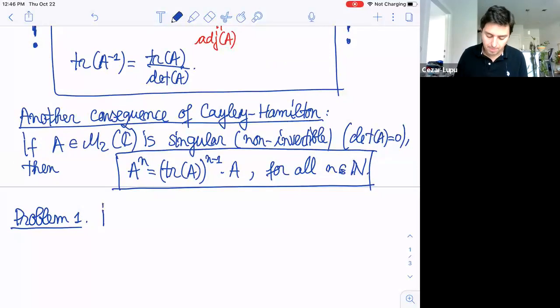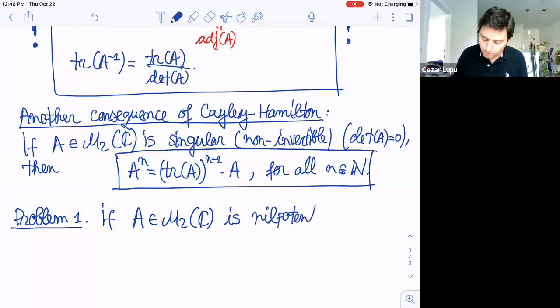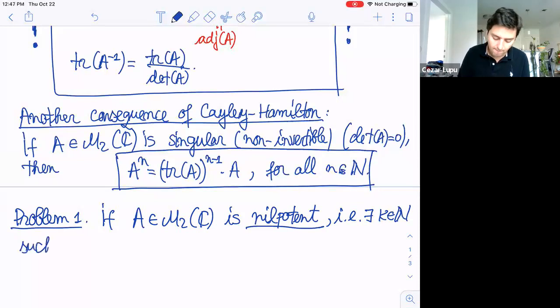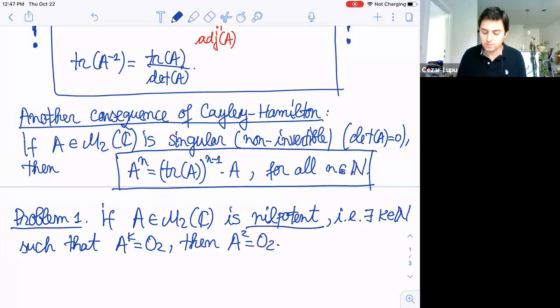If A in M2 of C, so I have a 2 by 2 matrix, is nilpotent, which means that there exists a positive integer k such that A to the power k is O2, then guess what? A squared is 0. And we will prove something even more general.